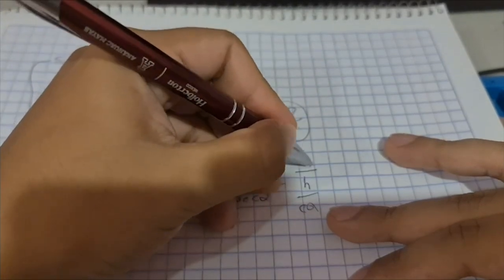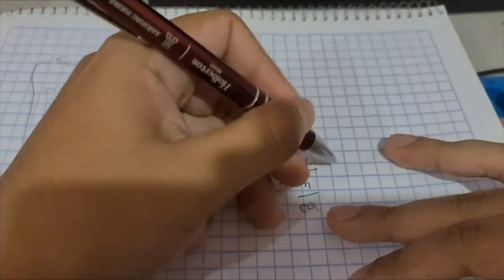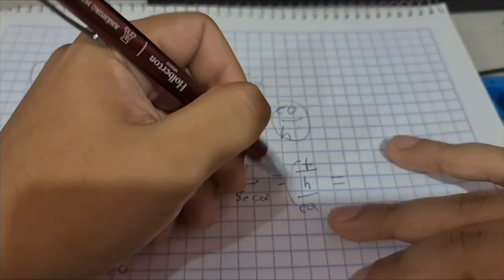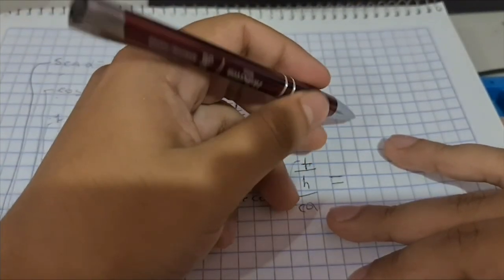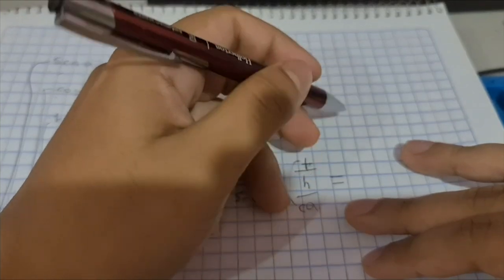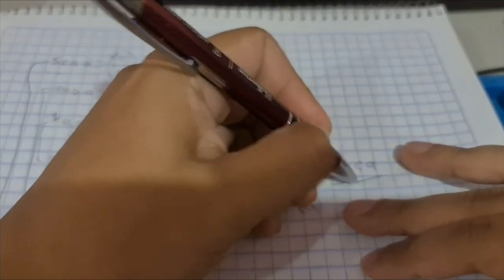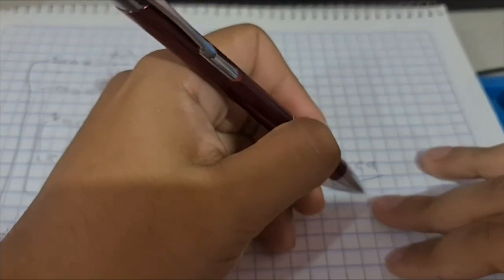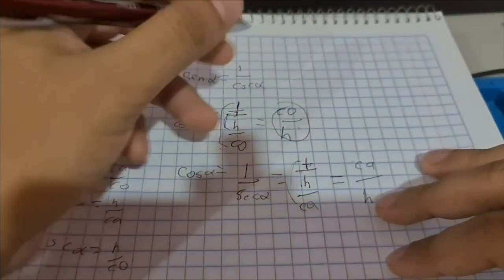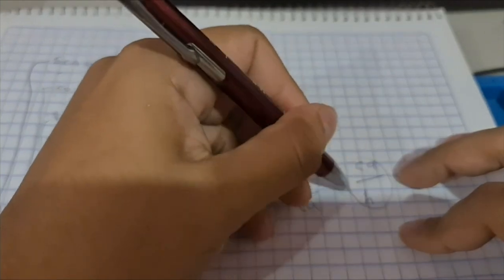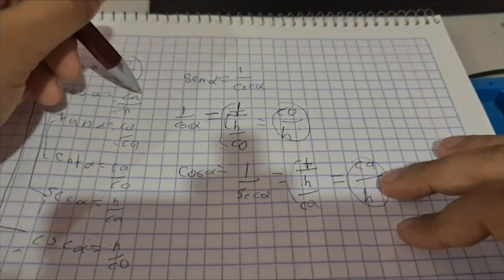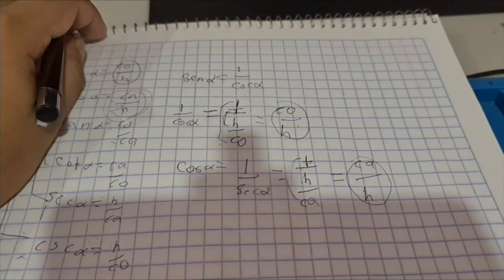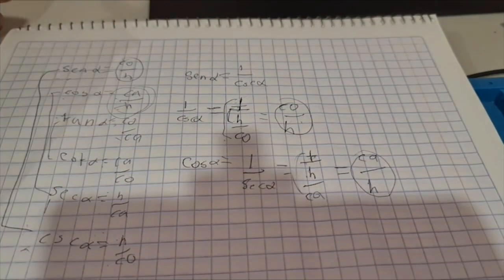We are going to add this 1 right here to make the operation, and we know that 1 times the adjacent leg is the adjacent leg, and we have also that 1 times h is going to be the hypotenuse, and we can check, and it is the same as right here, so we verify the cosine.